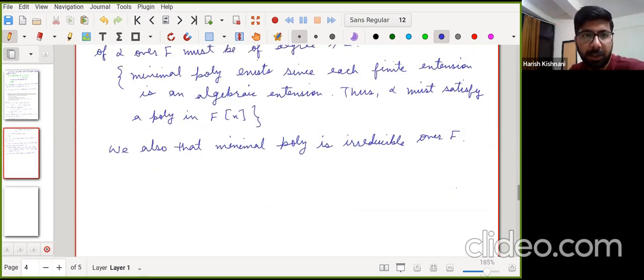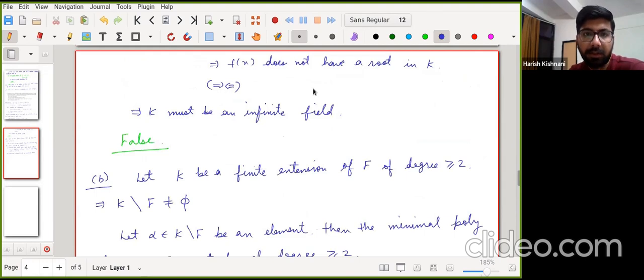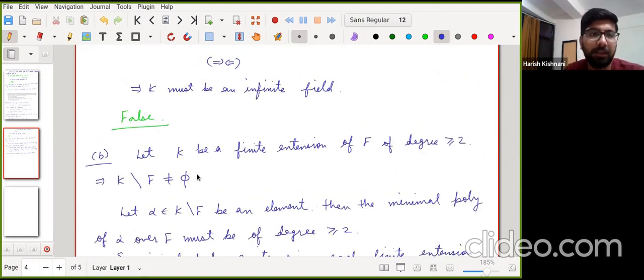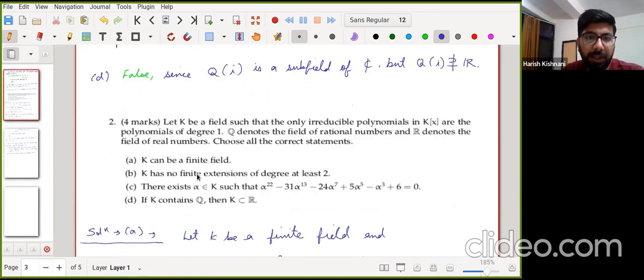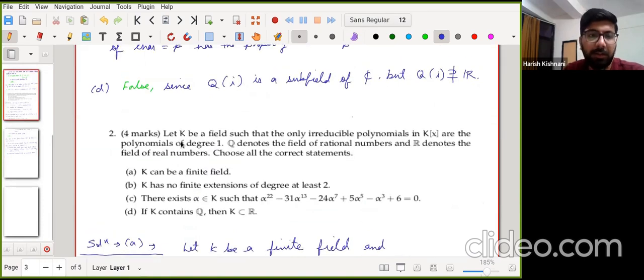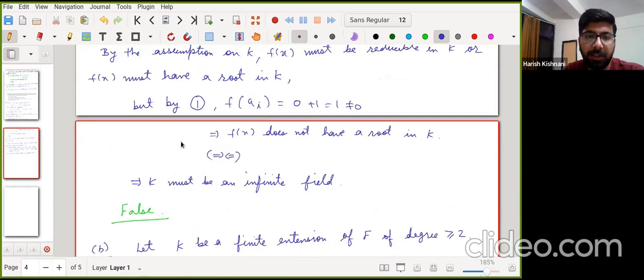Oh, I think I have some notation issue. In the beginning we were using the notation k for the base field in the question. So I should use different notation.